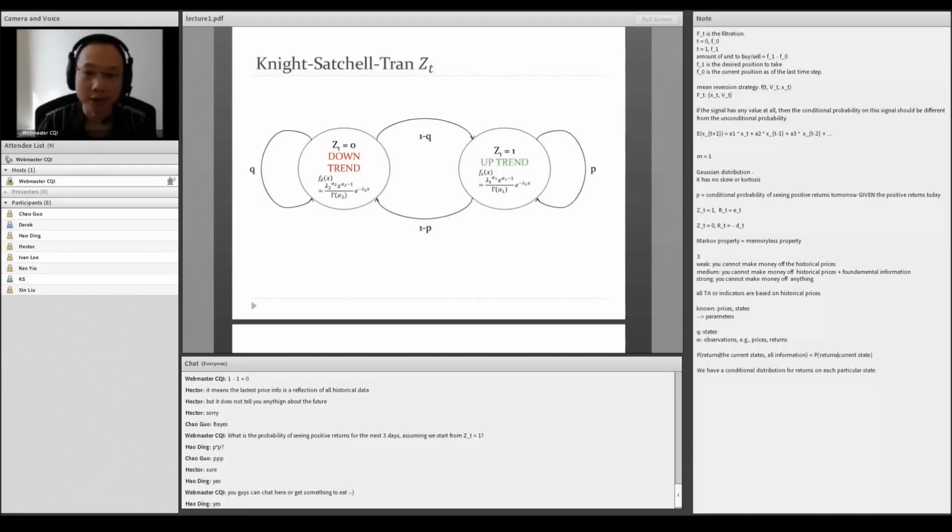So basically, we have a very concrete mathematical definition of what a trend is, or to be more specific, a very concrete definition of the persistency of a trend. So P in this case is the persistency of a positive trend. And likewise, Q is the persistency of a negative trend. Now you see that this is the charm of quantitative trading.